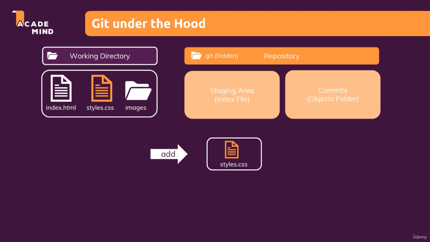You first add the changes or the files containing changes to the staging area, and once all your changes are added, which should be part of this next commit, then you create this commit, you commit your changes, and with that, in our case, the style CSS file changes are tracked in the next commit, in the next snapshot.